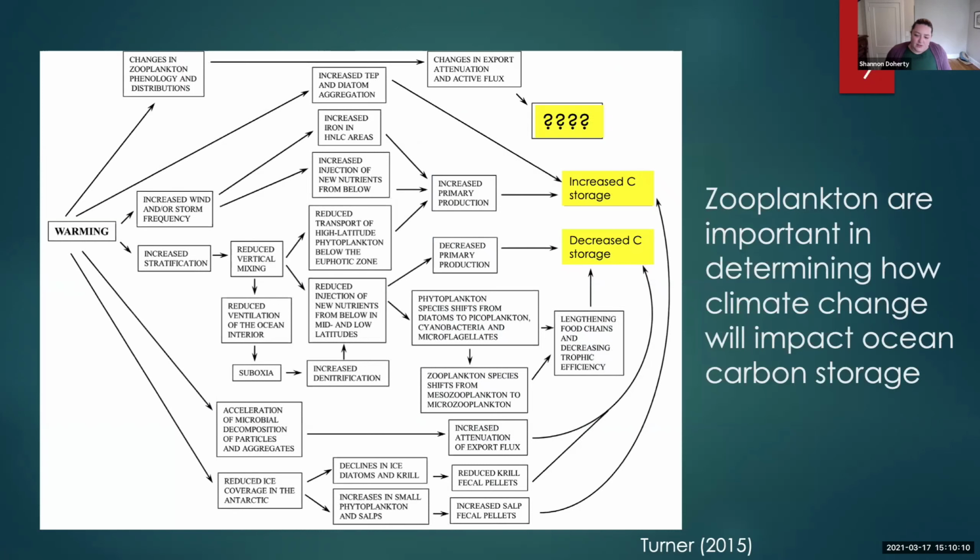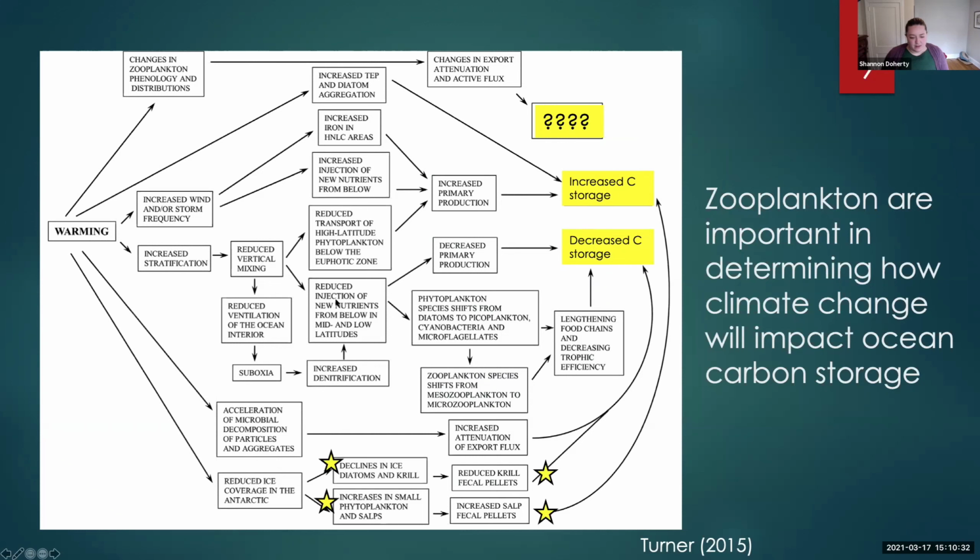And to bring us back to why we're interested in this more generally, zooplankton are important in determining how climate change will impact ocean carbon storage. So this is a really messy flowchart of how warming in the atmosphere and ocean can lead to either increased carbon storage or decreased carbon storage or a mixture in the biological pump.